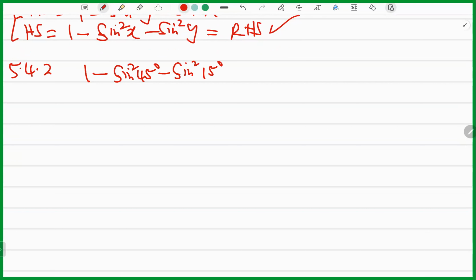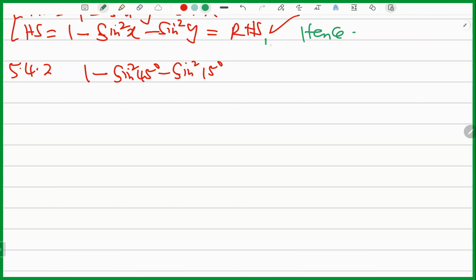You need to remember something. You need to recall that this one, they said hence. If the examiner says hence, they mean use the result you got from above.